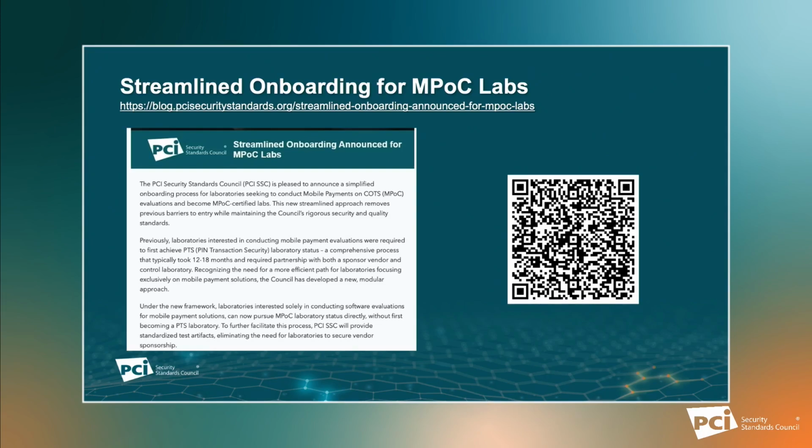And now it's possible that they do not, as a prerequisite, need to be a PTS lab. So what you see there is a little extract from the blog post, but that's out on the website in the newsroom on the PCI SSC page, and there's the QR code that goes directly to that blog post. So that will be very exciting. If you have interest in that, please do go out and read that. It's got more detail than you see here.